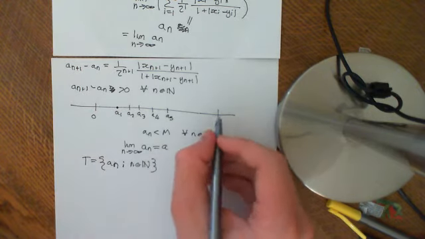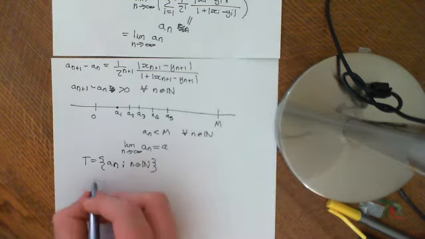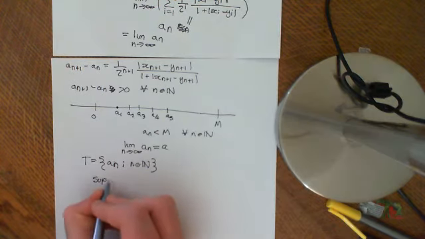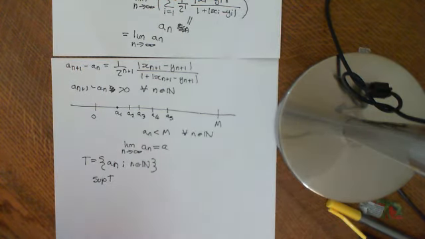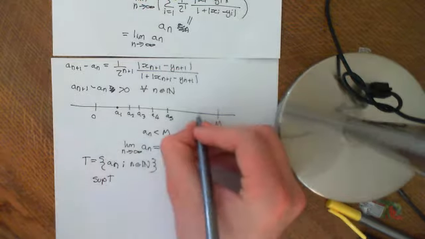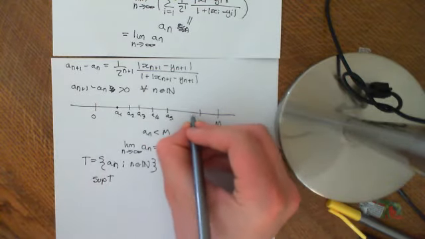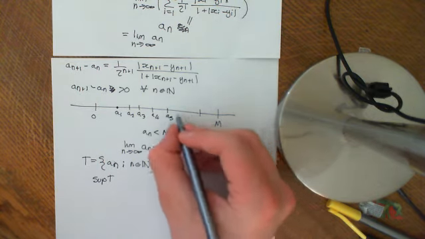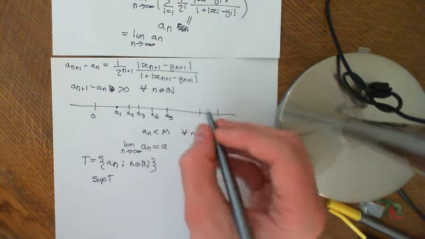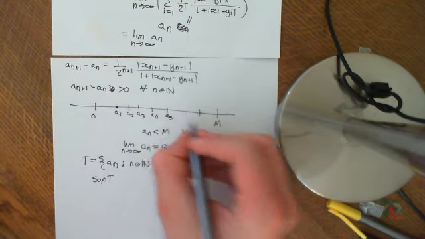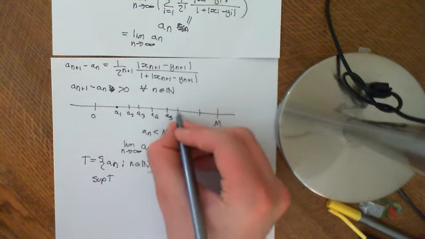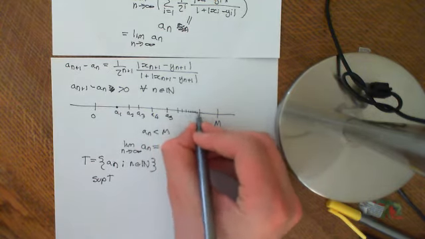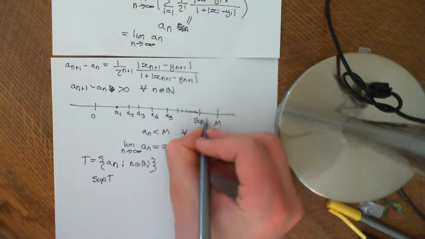It's a bounded set because all of the elements are less than M. So by the least upper bound property of the real numbers, the supremum of T exists, and that supremum is going to be greater than all of these values, but it's the least value that is greater than all of them. So basically, that is what these converge to, because you can imagine them getting closer and closer to this supremum up here.